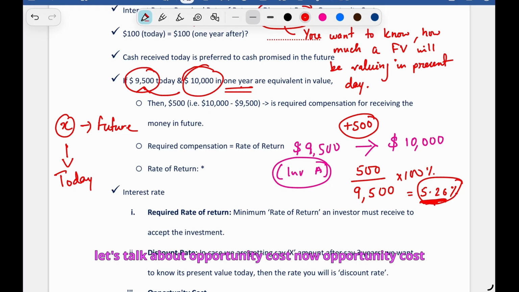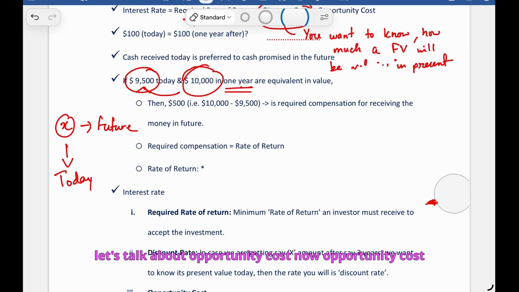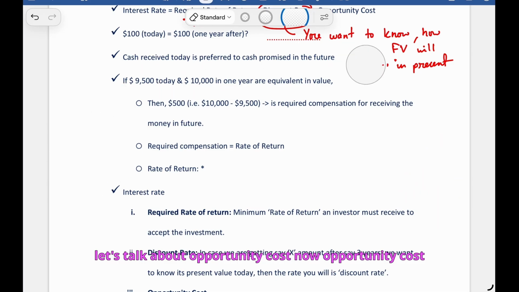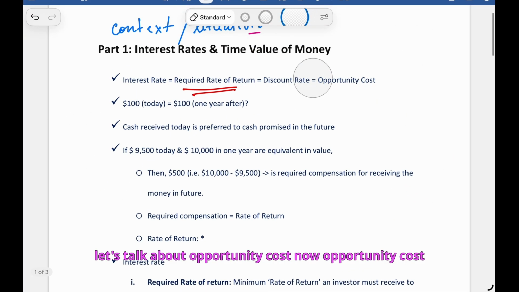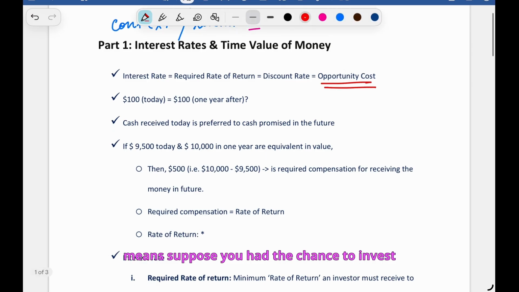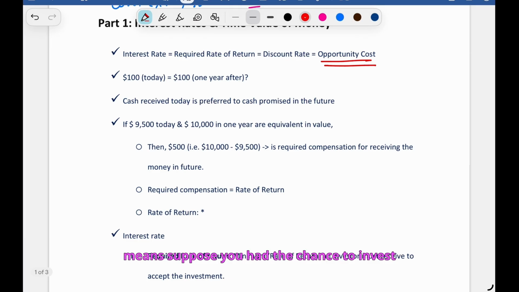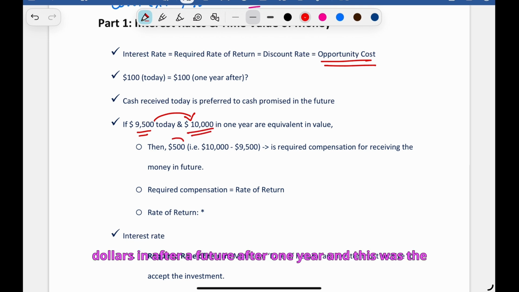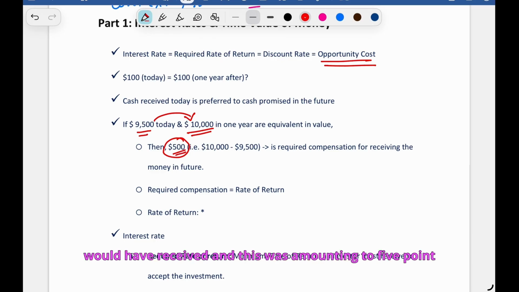Let's talk about opportunity cost. Opportunity cost means, suppose you had the chance to invest 9,500 today, and if you had invested, you would have received $10,000 after 1 year, and this was the compensation or interest that you would have received, amounting to 5.26 interest rate, discount rate, right?